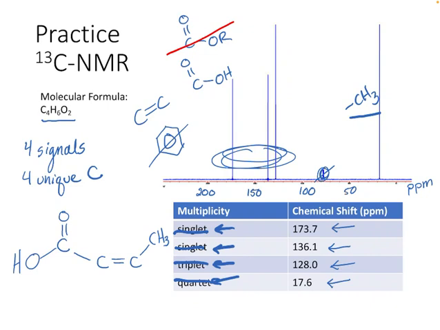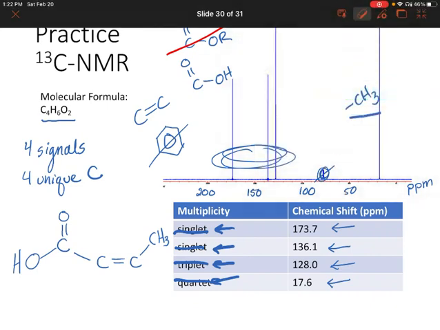Another possibility, it could be on the same side as the carboxylic acid. And maybe on the other side we just have two hydrogens. And this is where it's kind of hard to tell where that methyl group would be. So it could be either of those structures. But as long as we have the essential functional groups listed, that's the important part.